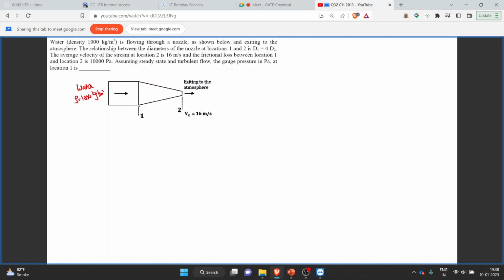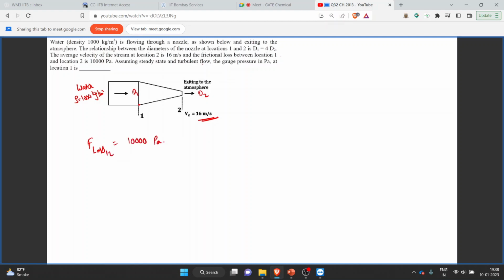At location 1, the diameter is d1, and at location 2, the diameter is d2. The average velocity of the stream at location 2 is 16 meter per second, that has been given, and the friction loss between location 1 and location 2 is 10,000 Pascal.